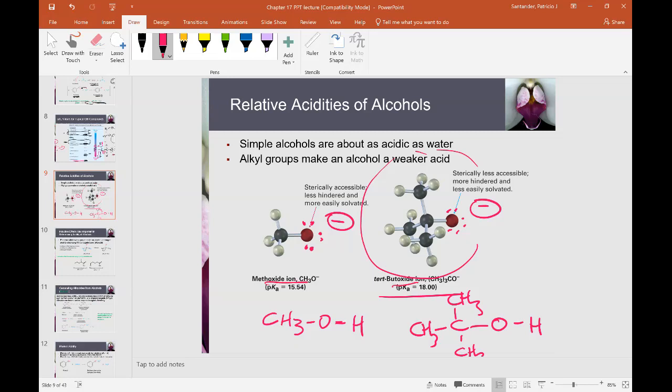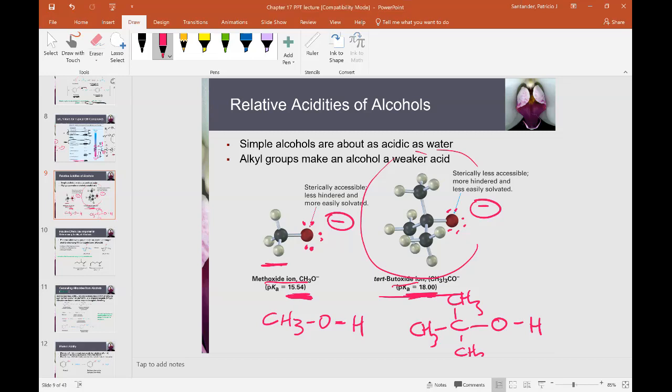In the methoxide, it's easier because the alkyl group is relatively small. Because you have better solvation of the methoxide, the pKa value is slightly lower than the pKa value of the tert-butoxide.